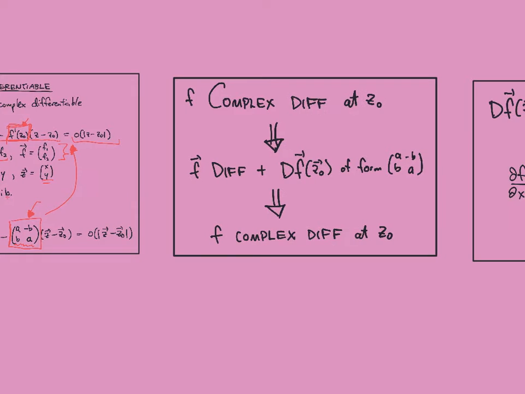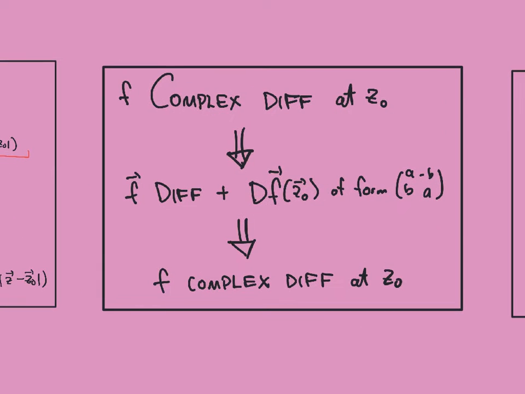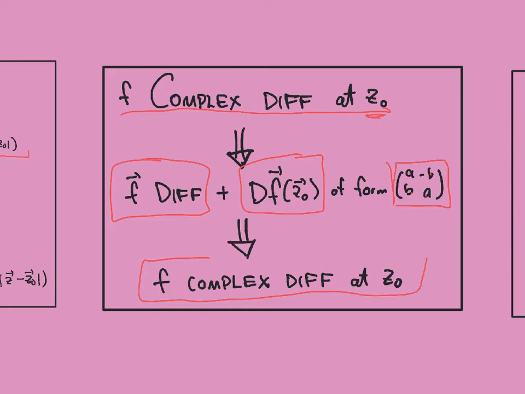So what I'm saying here is, if f is complex differentiable at a point Z0, then f will be differentiable at that point, and its derivative matrix will have this form, (A, -B; B, A). And as I just said, you can then convert this back to being complex differentiable at Z0 by turning our vector equation into a complex equation.